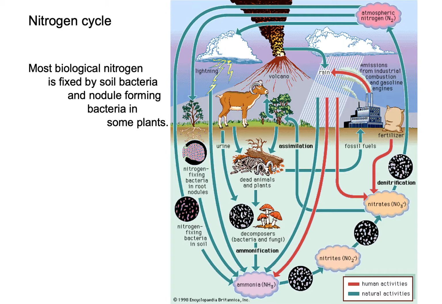Then you have other organisms that will take the ammonia produced by those nitrogen-fixing bacteria and make nitrites, and then others will make nitrates, and those can be utilized in terms of what's called assimilation in plants and animals to make their carbon and nitrogen compounds.